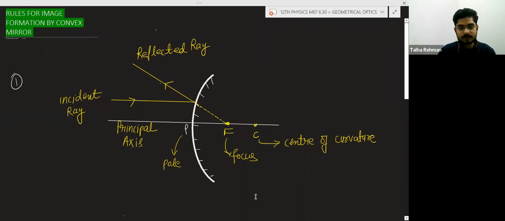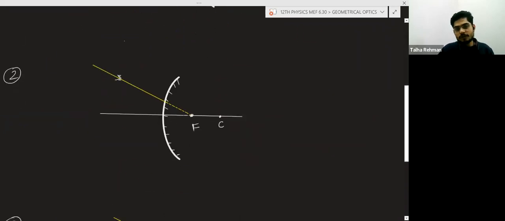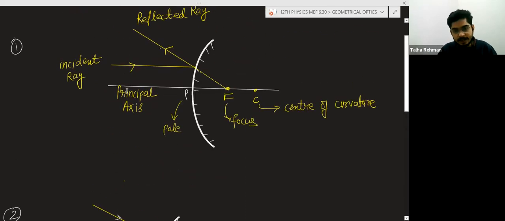Second, if a ray of light is going towards the focus, after reflection it will become parallel to the principal axis. Here what is happening?